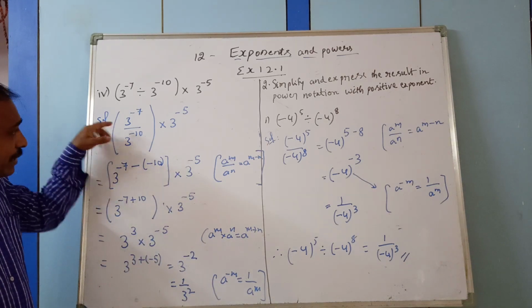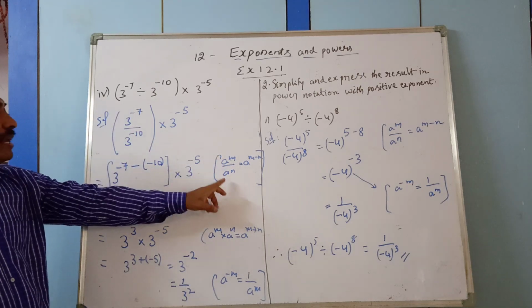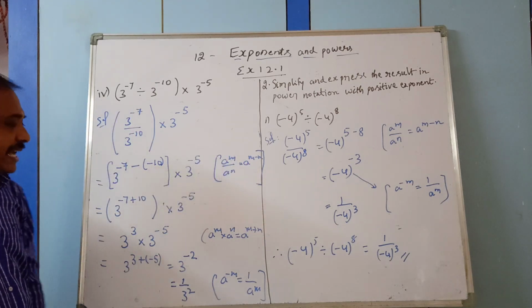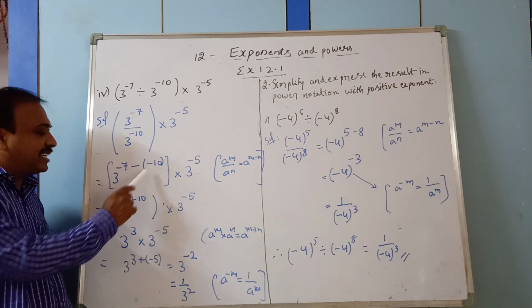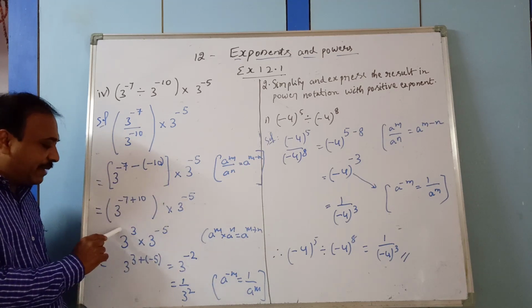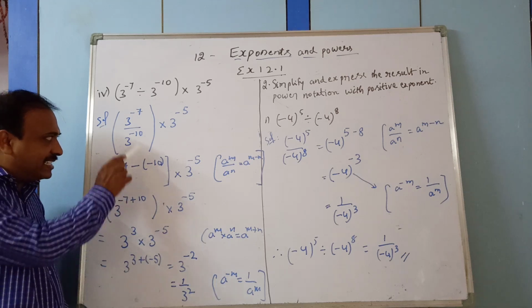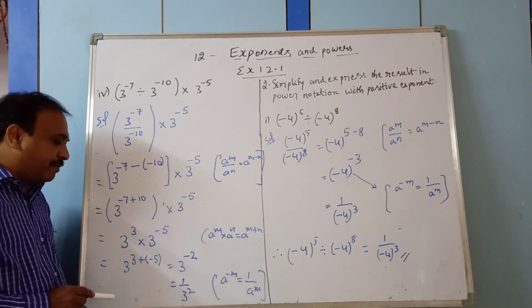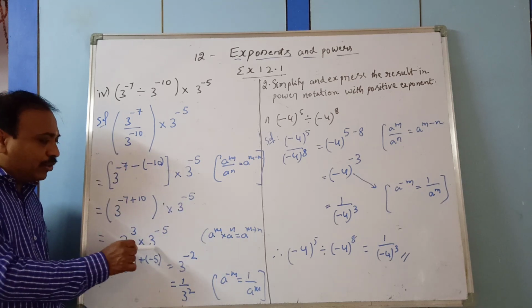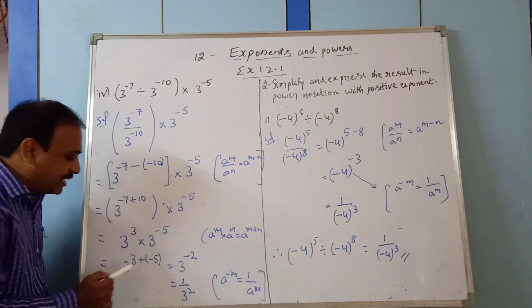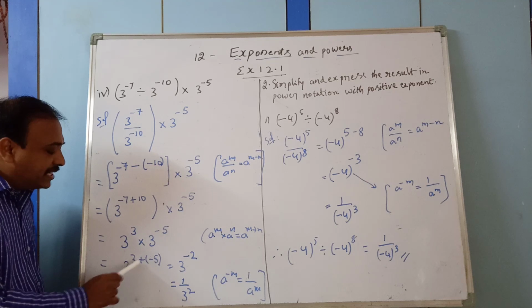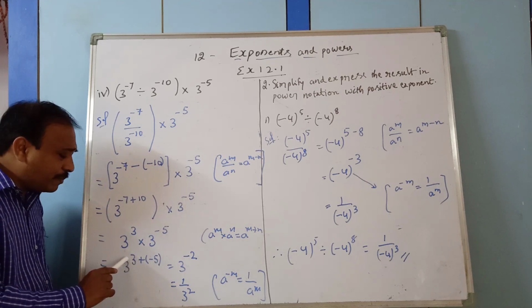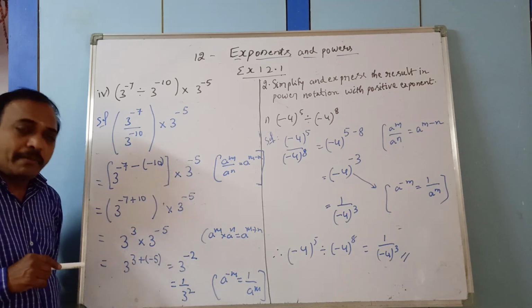See, first I applied the formula a power m by a power n is equal to a to the power m minus n. Then we simplified 3 power minus 7 minus into minus plus, and 3 power 3 we got, which is inside the bracket, and 3 power minus 5. Then a power m into a power n is a to the power m plus n, so 3 to the power 3 plus of minus 5, plus 3 minus 5 will give you minus 2.